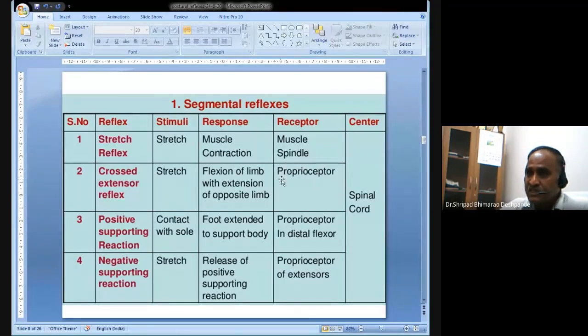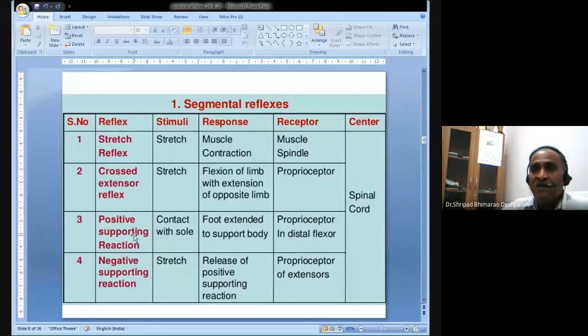Here the proprioceptors, in the muscles and joints, are activating, and the response is in the spinal cord. So both the stretch reflex and the crossed extensor reflex work together to provide a structural basis for posture.